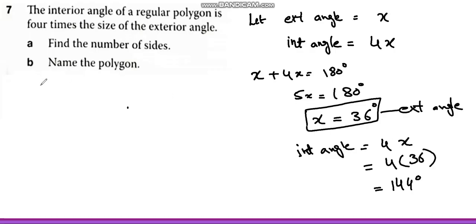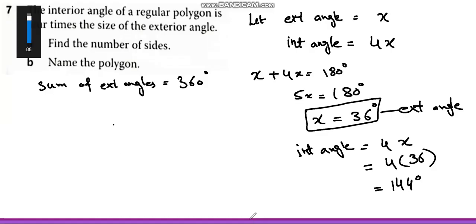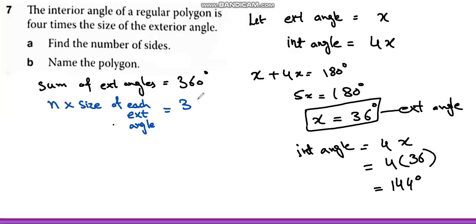We know that the sum of exterior angles will always be equal to 360 degrees. And we can rewrite this: the sum of exterior angles can also be written as n times the size of each exterior angle equals 360 degrees.